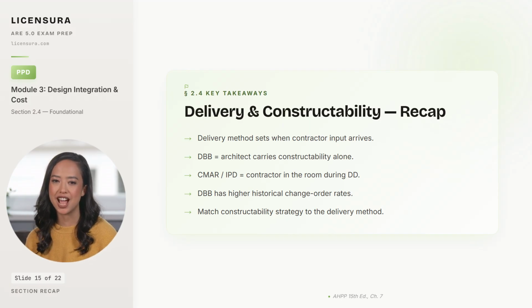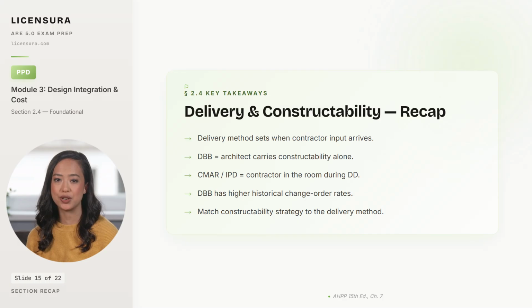In CMR and IPD, the contractor is in the room during design development, which dramatically improves constructability and reduces change orders downstream. DBB carries higher historical change order rates than the early contractor involvement models, and the exam treats that as a known statistical pattern you should be able to explain.